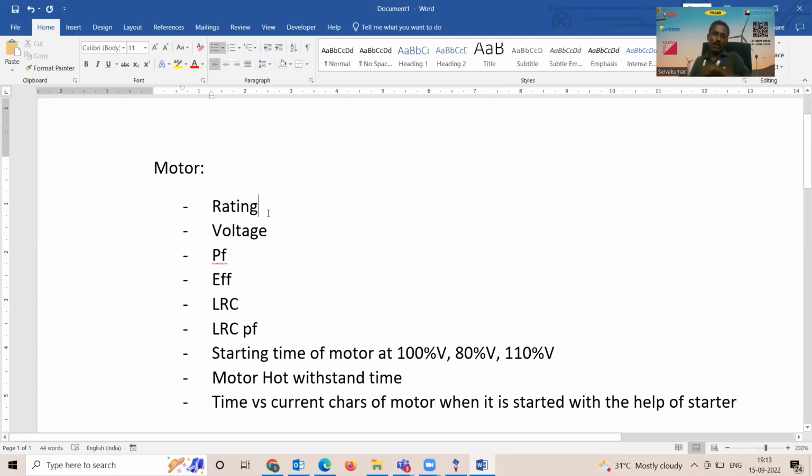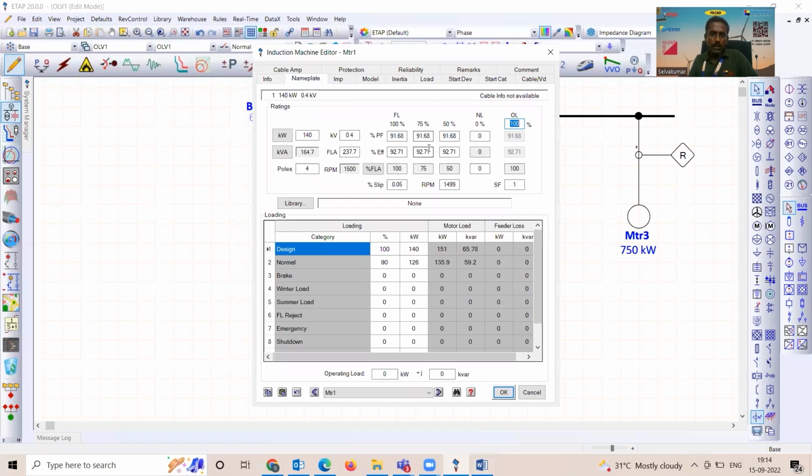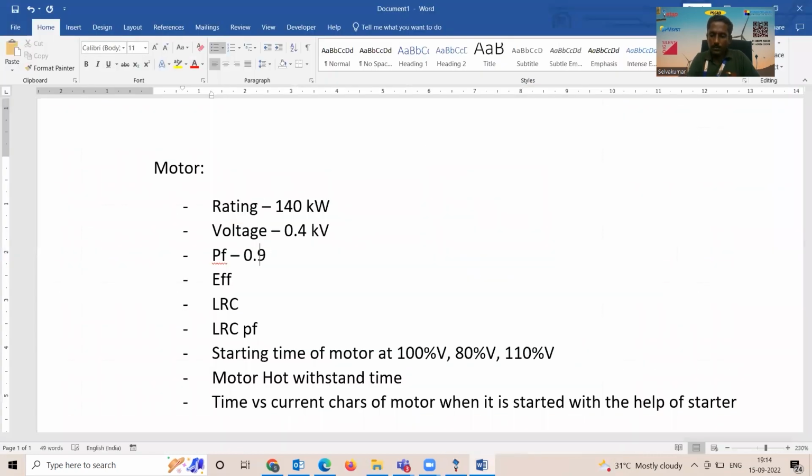So now if I put it in Excel, I can fill in these parameters straight away, or here also you can write it. Rating 140 kilowatt, voltage 0.4 kV, power factor, do not know. Let's look at what's the power factor of that motor. 0.9168.